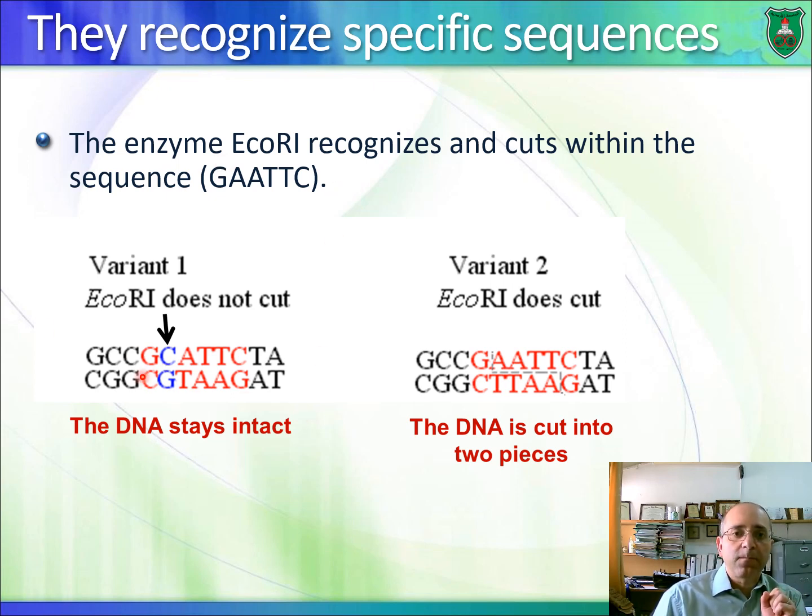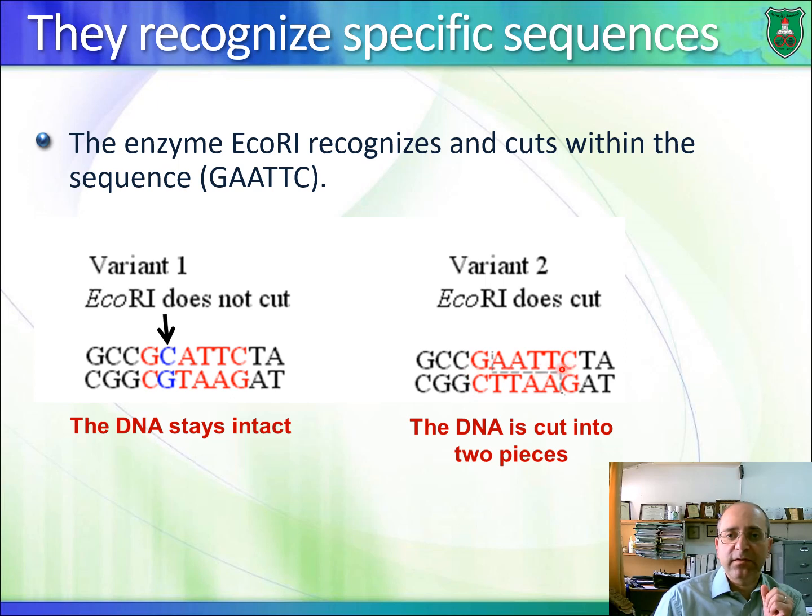For example, you have this sequence here, GAATTC again. Of course, the enzyme does not say that's the top strand or the bottom strand. It doesn't matter; it's just the restriction site as a whole. You can flip the DNA and it's still GAATTC. So it cleaves the DNA within the restriction site.